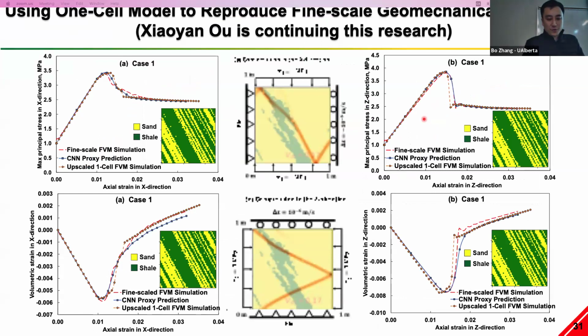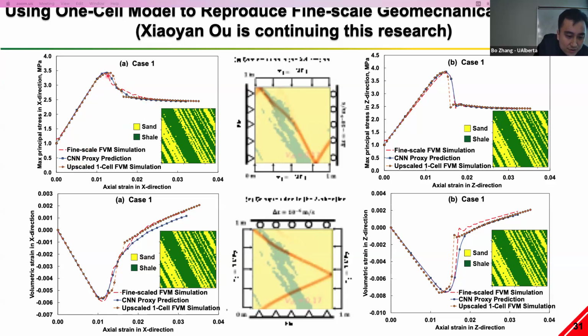It is possible for us to use just one single cell to reproduce the fine-scale geomechanical responses. So here, the fine-scale simulations of the finite volume method using Flux 3D are shown as red curves, as it shows here. And actually, the CNN proxy prediction fitted well. Yeah, we already showed the R-square for it.